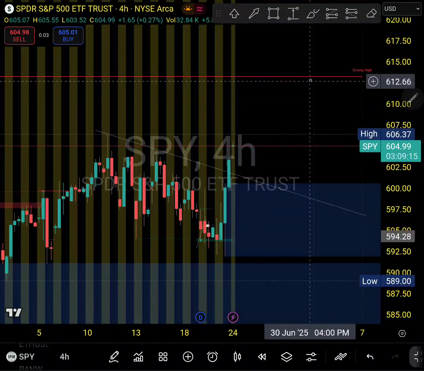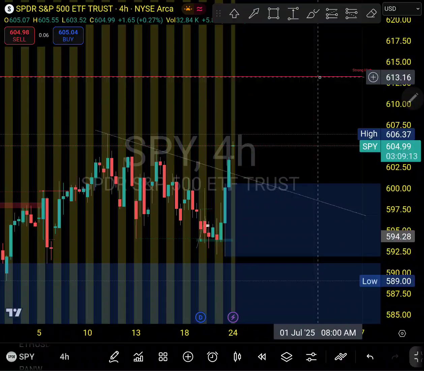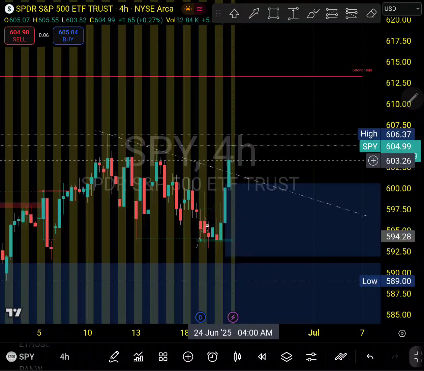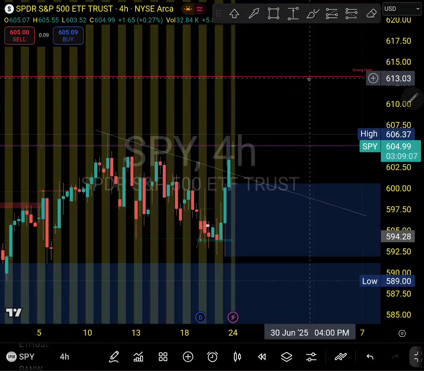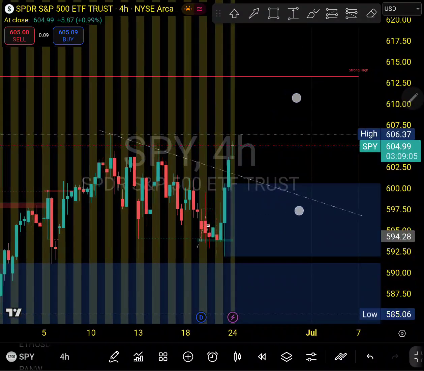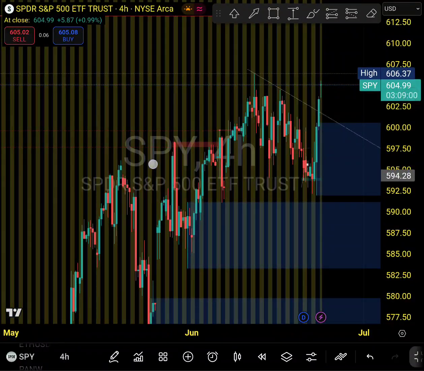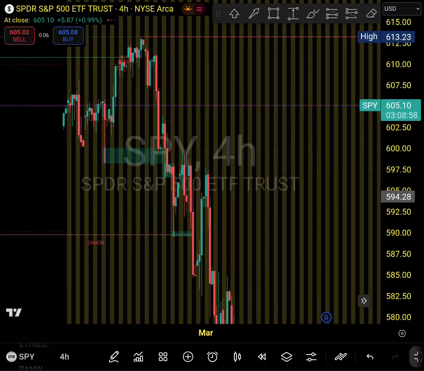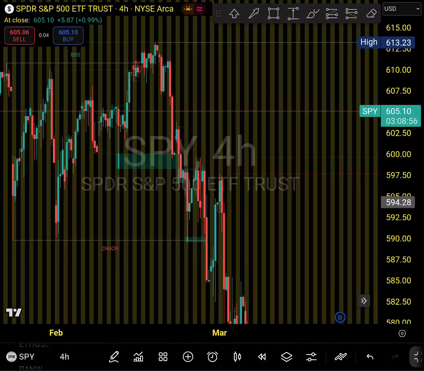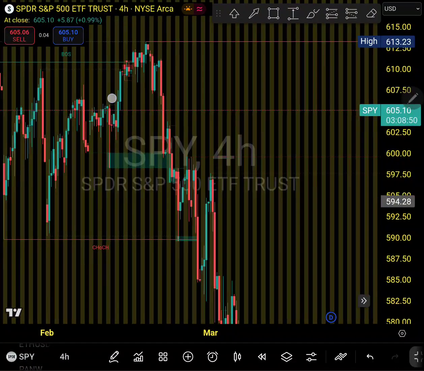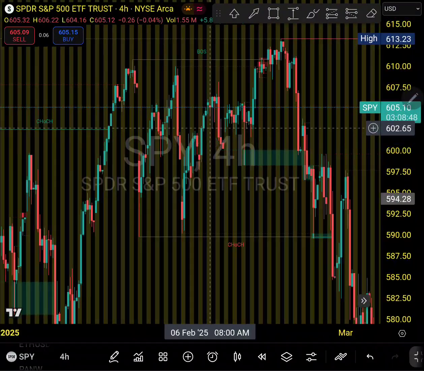So we have 613, which is the all-time high. Now to reach 613, what else do we have in the middle? If I look at the 4 hour and go back in history, we have this consolidation that occurred right here.